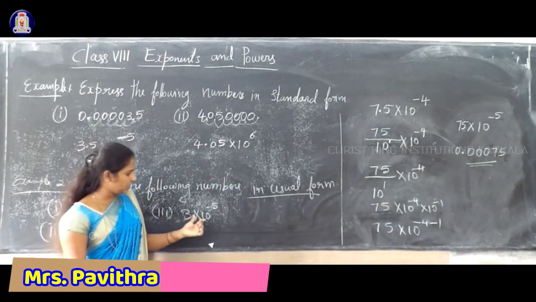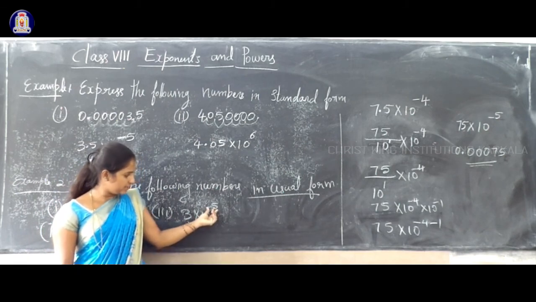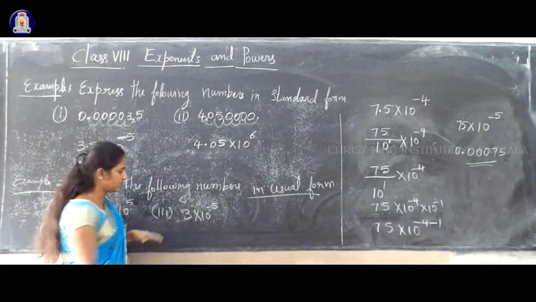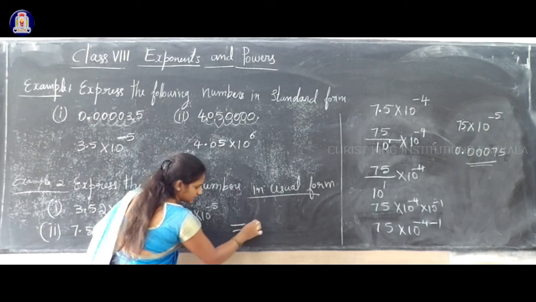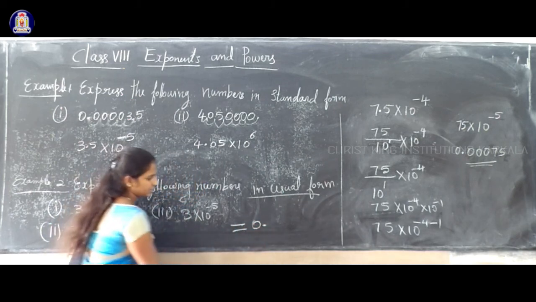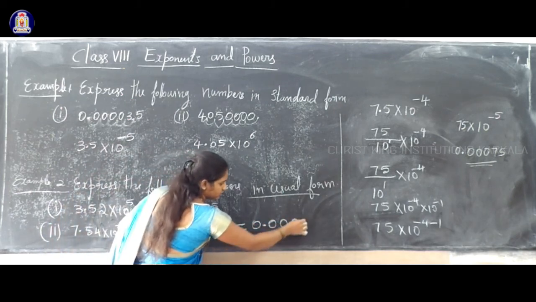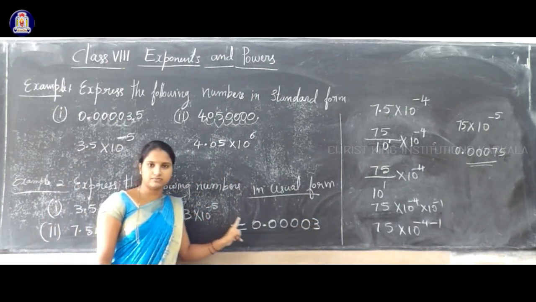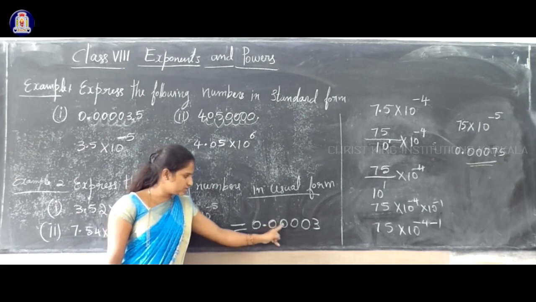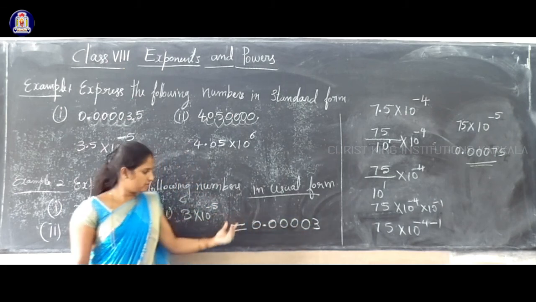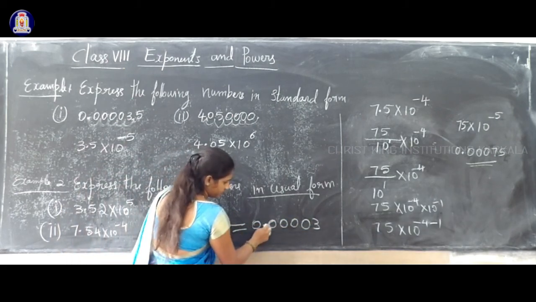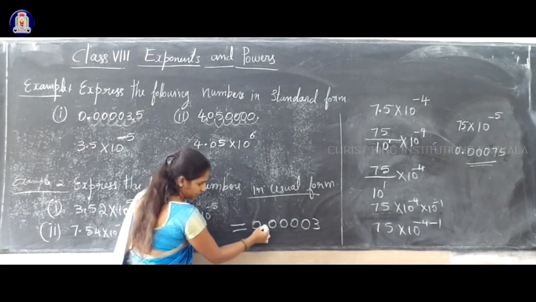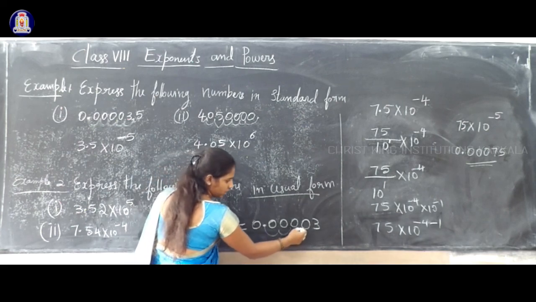Now one more question, that is the third one. The third one is 3 into 10 power minus 5. So this we can write directly, isn't it? The answer is 0.00003. Is it correct? 3 into 10 power minus 5. The answer is 0.00003, because after the decimal point, if you move to the left, what happens? 1, 2, 3, 4, 5.